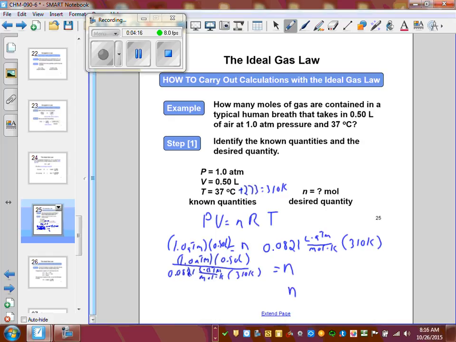If I do that, n comes out to be, calculator out here, a quick calculation, 0.5 divided by 0.0821 divided by 310, 0.02 moles.